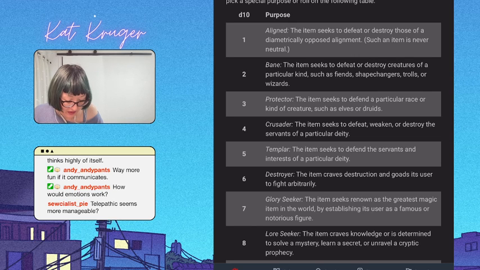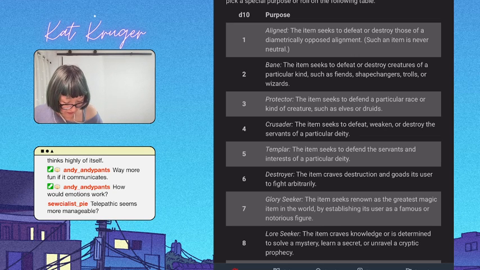Bane seeks to defeat or destroy creatures of a particular kind. Protector seeks to defend a particular race or kind of creature. Crusader tries to defeat servants of a particular deity. Templar defends servants and interests of a particular deity.